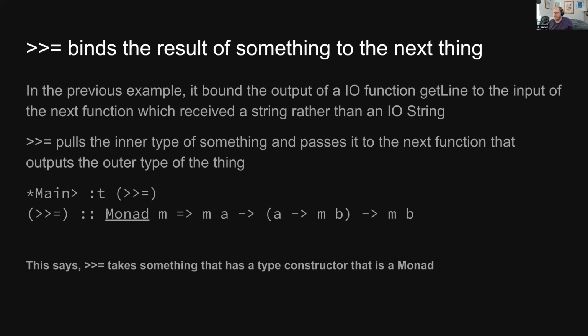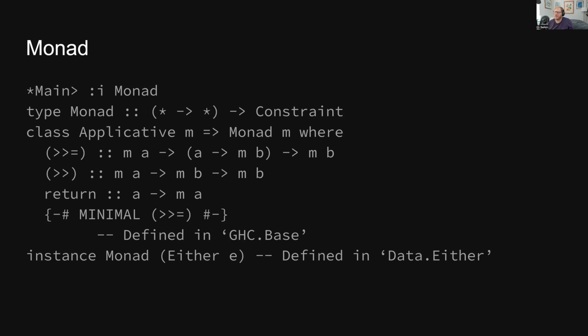So we had the monad. It was anything that defines that bind operation, where you have some constructor of type A, then a function that takes a type A and returns a constructor of type B, and then returns that constructed type for type B.